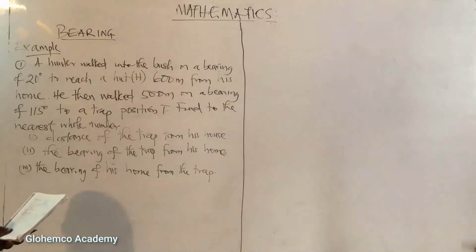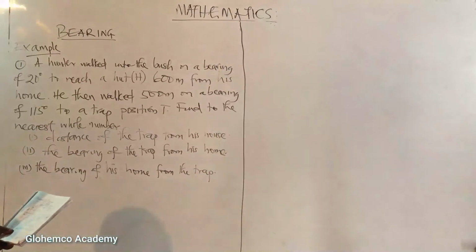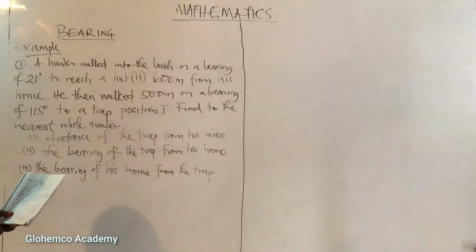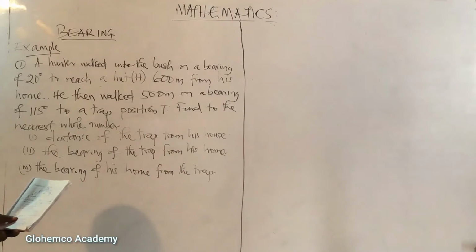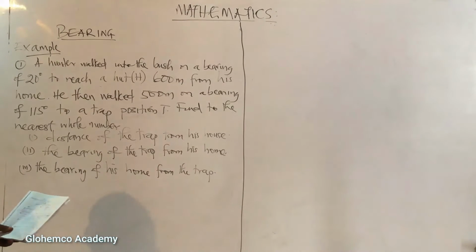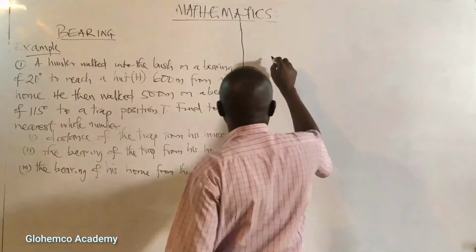After getting to that hut, he then walked 500 meters on a bearing of 115 degrees to a trap position T. Now find, to the nearest whole number, the distance of the trap. If you want to solve this problem, we are going to sketch the diagram first.